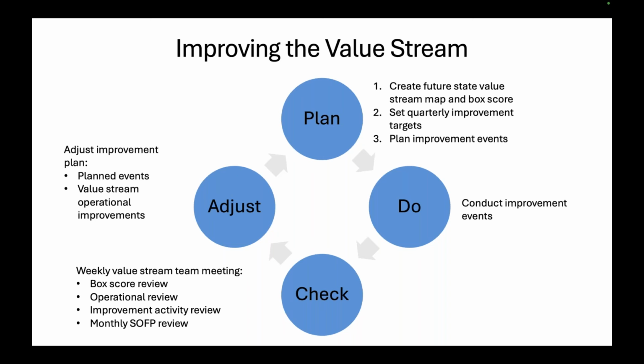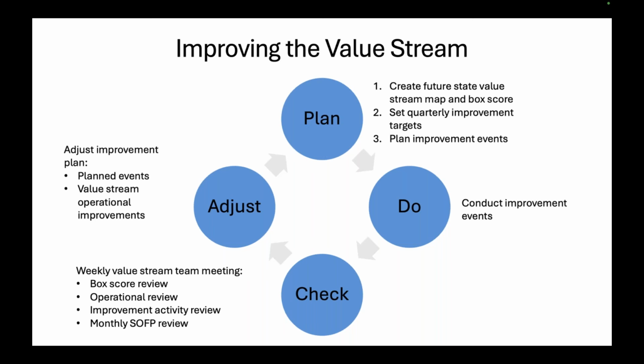A future state value stream map is a design process, but you need to be able to measure what it's going to achieve, whether it's improvement in operational performance, capacity performance, and/or financial performance. And from there, you can set quarterly improvement targets, or maybe you do your future state map every 3 months or every 6 months, but then you plan the improvement events.